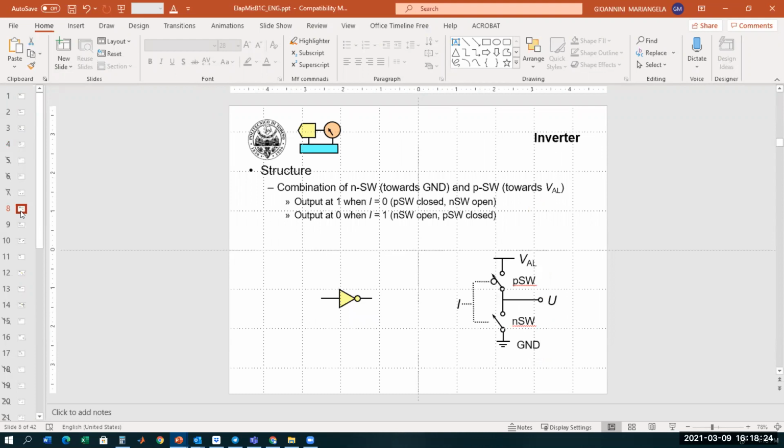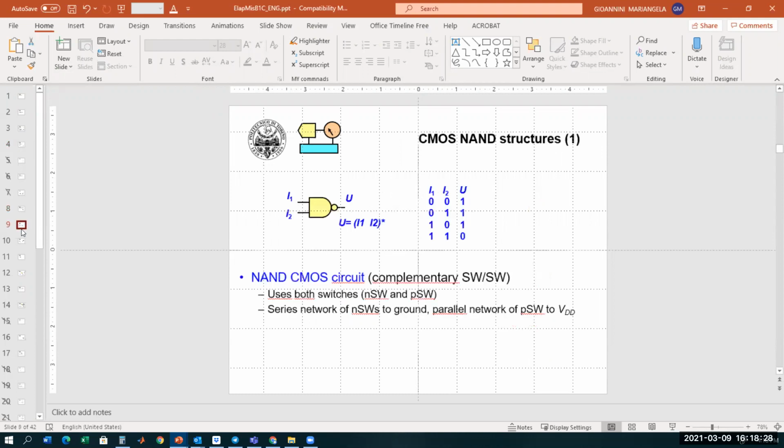The inverter is this one. We already studied it in detail. And now we want, using the same principle we learned for the inverter, to realize the CMOS version of the NAND gate.